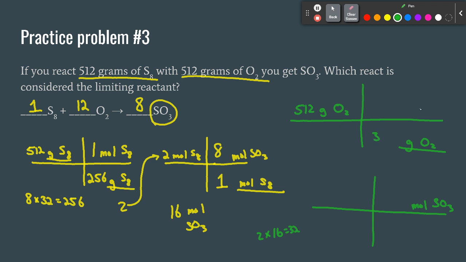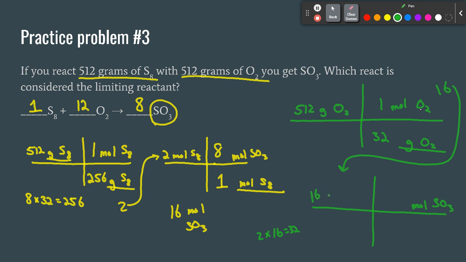So I'm going to put 32 at the bottom here. That's grams per mole. So I'm putting 1 mole of O2 here. Then I will do 512 times 1 divided by 32, which gives me 16. This 16 gets plugged in to the second T-chart.